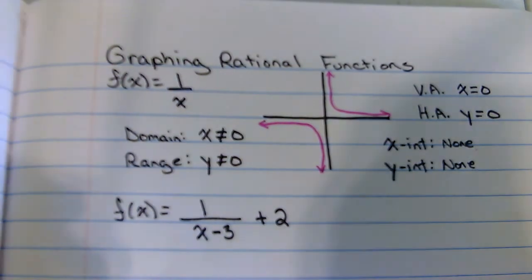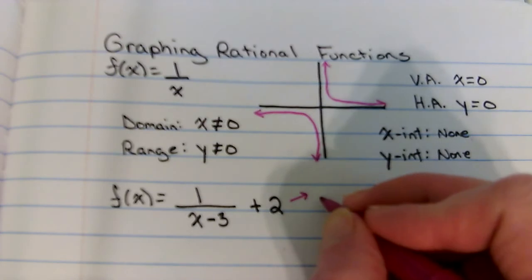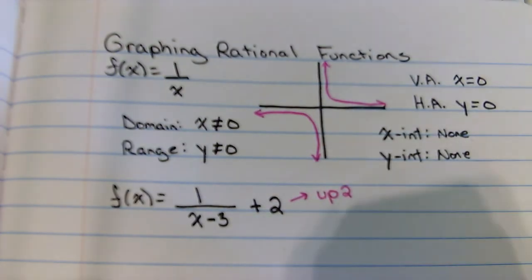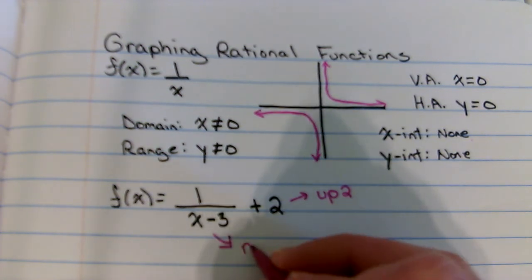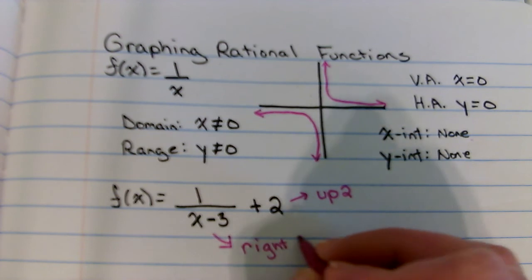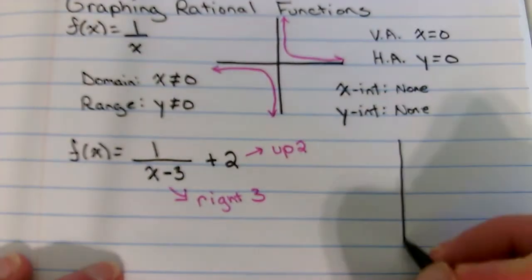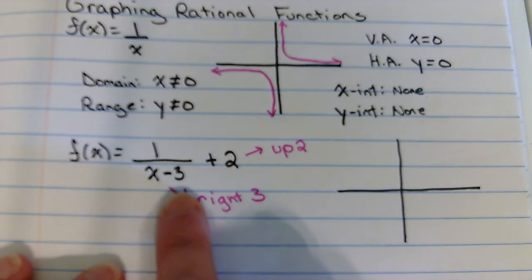Well, if we remember our transformations, the plus 2 at the end would move the whole graph up 2. This is going to move the whole graph right 3. So, if I go right 3 steps, that's going to move that vertical asymptote to x equals 3.